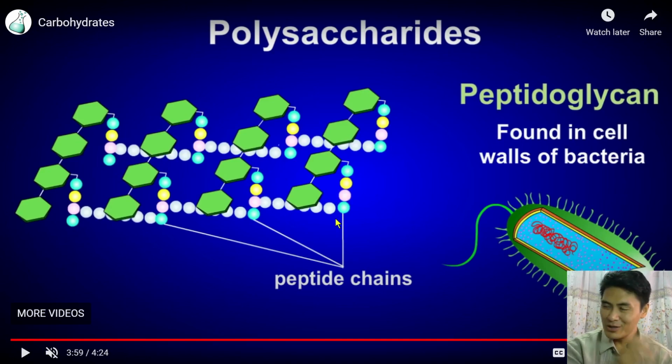Again, we don't call it a protein yet because, as we have emphasized, if it has no secondary or tertiary structure, it's technically called a polypeptide. So these are peptide or polypeptide chains that are incorporated in the chain of monosaccharides. That's peptidoglycan, and peptidoglycan forms the cell walls of bacteria.